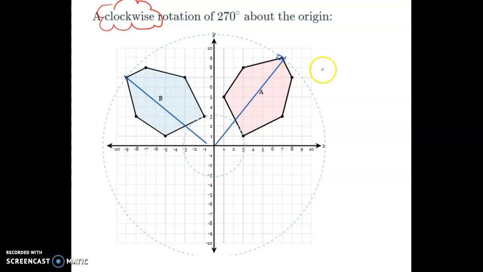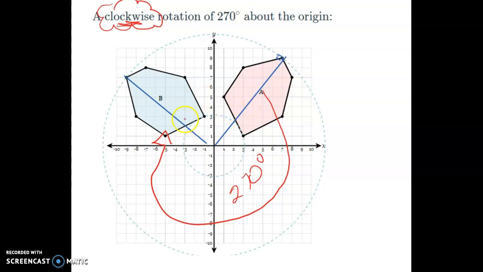So that means we're going like the face of the clock, and we're going to look at this angle measurement from here all the way around. So it made 1, 2, 3 turns. That's how we got that 270 degrees. Okay, so make sure you focus in on the clockwise and the counterclockwise to understand which direction you are measuring your angle, whether you're measuring the inside or the outside.